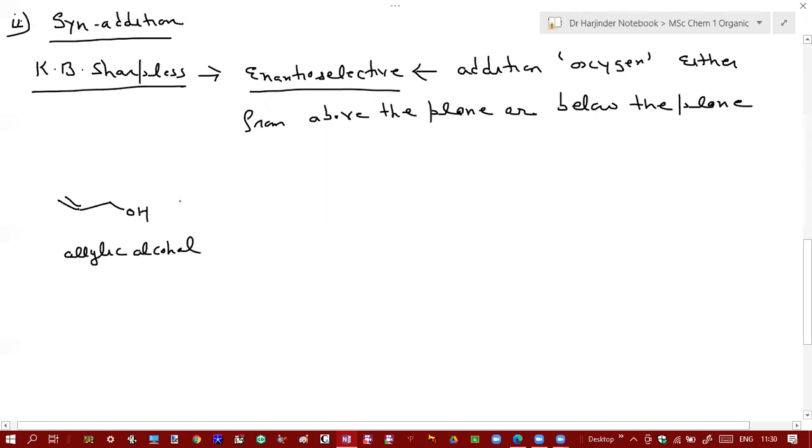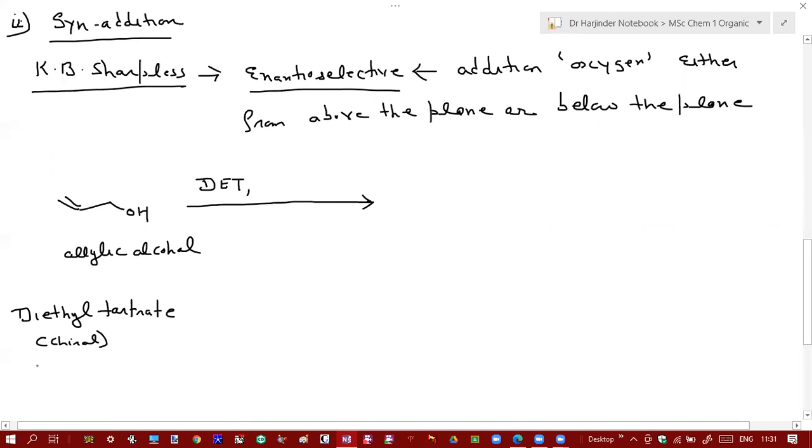Now in this case, a very important thing: this reaction is carried out in the presence of diethyl tartrate. The reagents are diethyl tartrate, and this diethyl tartrate is chiral.